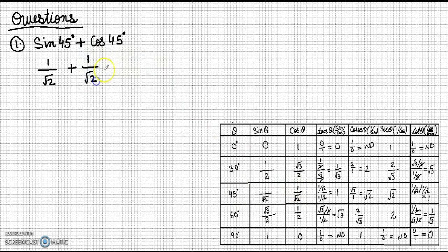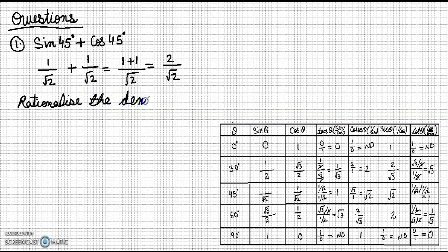Now we have got the values. We just simply have to solve it. So the LCM of the root 2's will be root 2. We have 1 plus 1 upon root 2, that is 2 by root 2. So we rationalize this denominator, because in the denominator we have a square root, and if we want the denominator without a square root, we will multiply root 2 in the numerator and denominator both, so that we can remove the square root sign from the denominator.